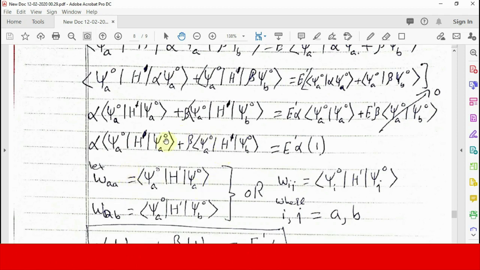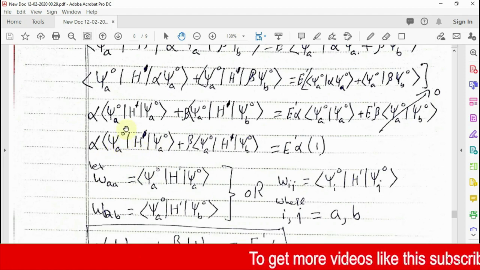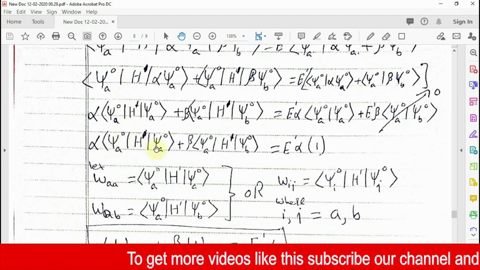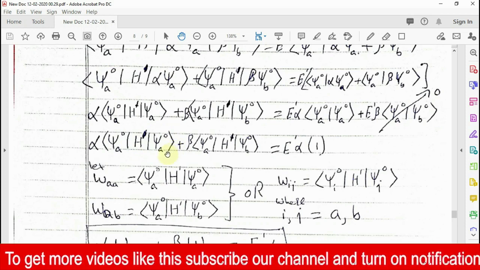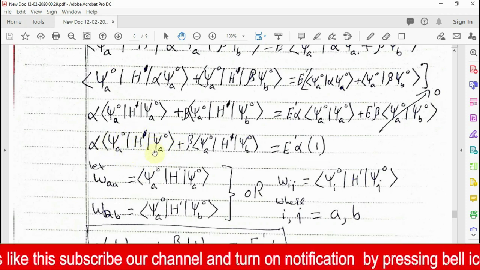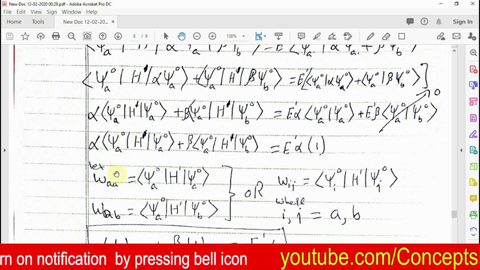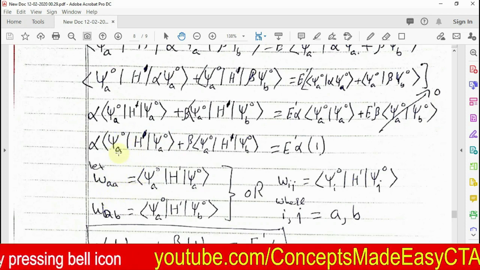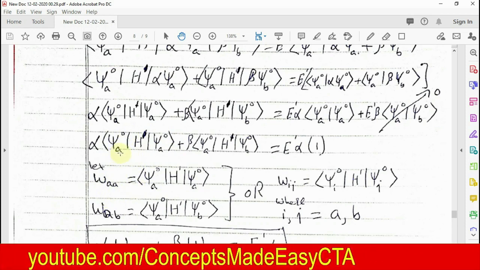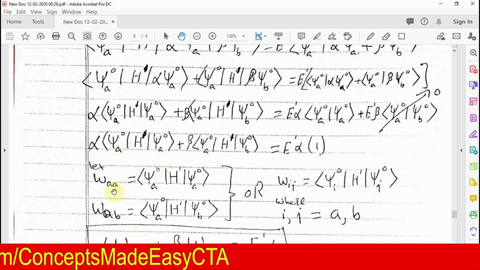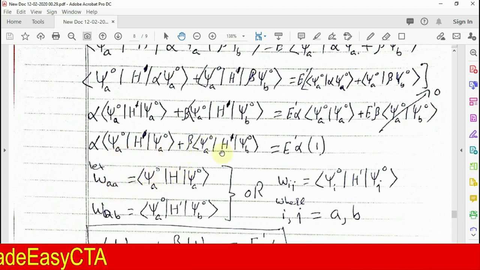If we examine this whole thing, this term, psi a of 0, h bar, and psi a of 0, this whole product can be written like WAA. These A we have taken from here, psi A and psi A, so this is psi AA.